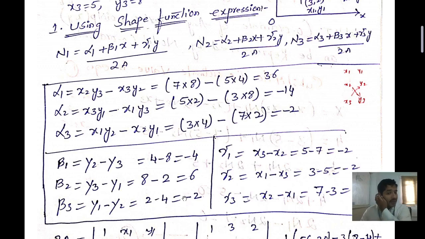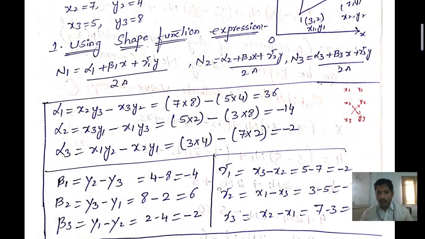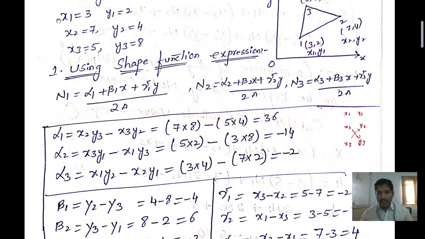Clear? After that, we need to find out the value of gamma 1, gamma 2, gamma 3. Gamma, if you want to find out, in this case we need to eliminate which value here? First row value. So here we need to eliminate this x value. Okay dear. Then remaining is x3 minus of x2.